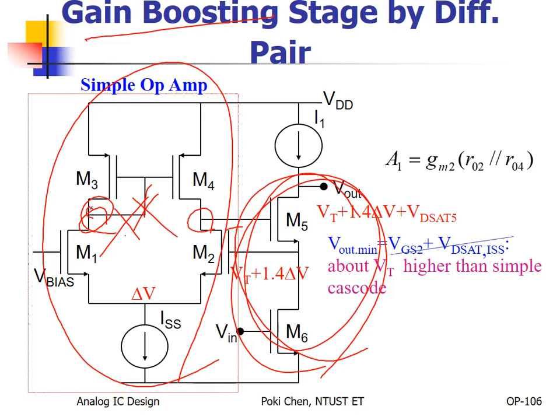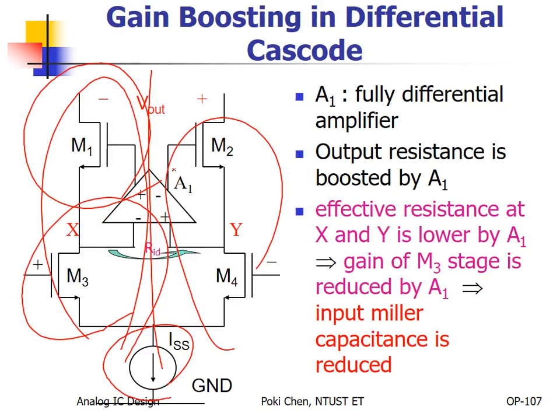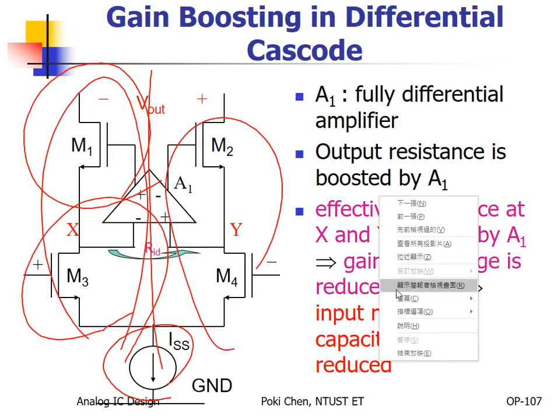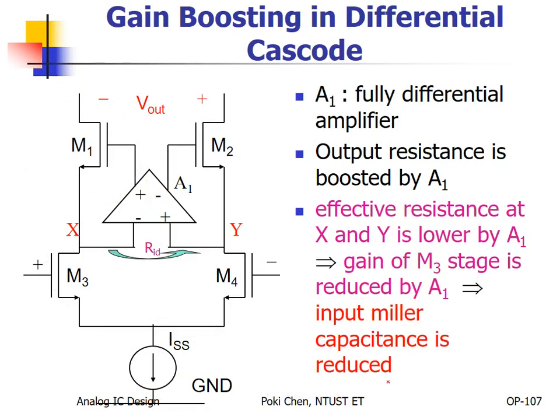So, no diode connection. Usually not. And this is what I would like to tell you. Moments ago, I showed you, this is fully differential. So, one output for left half, and the other output for right half.